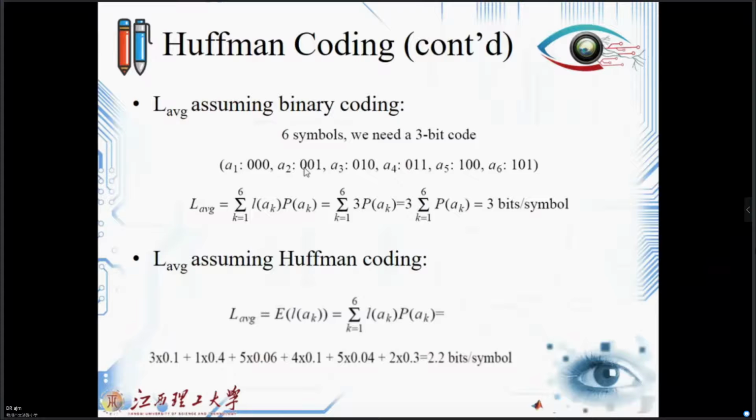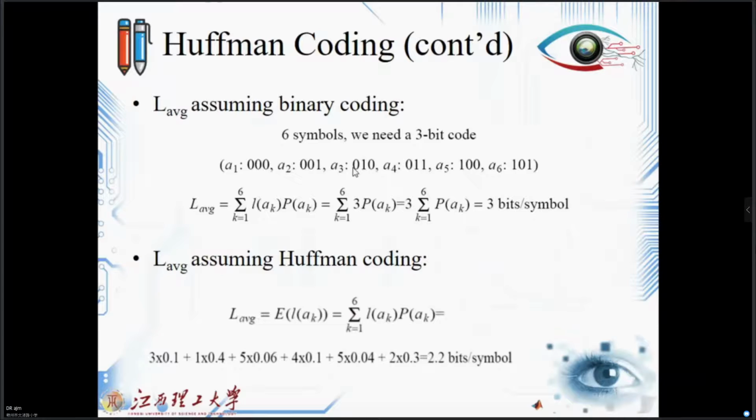In this coding, based on the data that you acquired, you should calculate some values and parameters. One is L average, or LAVG, which assumes binary coding. As we had 6 symbols, we need 3 bits of code for A1, A2, A3, A4, A5, and A6.